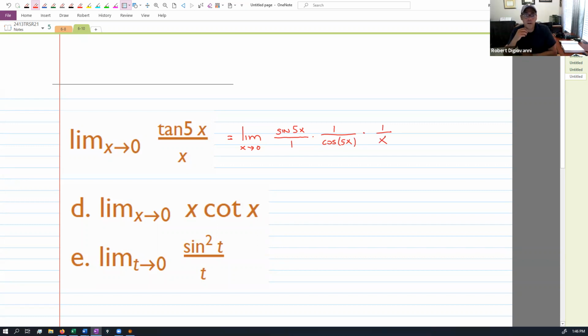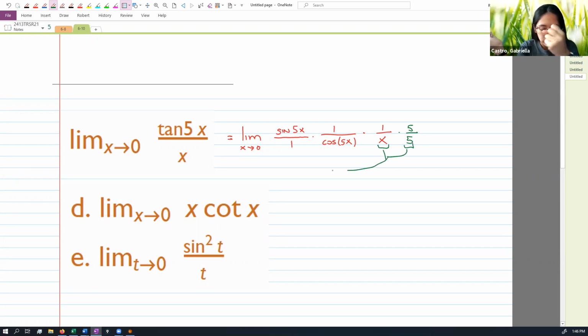Does everyone follow that? That's perfect so far. Real good, thank you. Okay, good. Now, what I did from there was I multiplied a 5 over 5. And so then I carried the bottom x and the bottom 5 from those two fractions across to the sine 5x over 1 to where I got sine 5x over 5x times 1 over cosine 5x times 5 over 1.